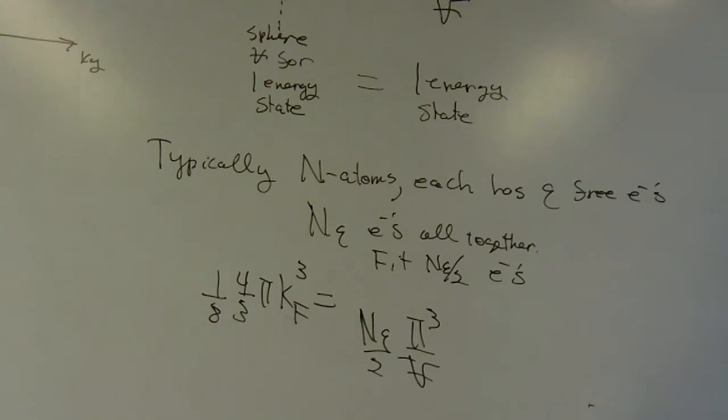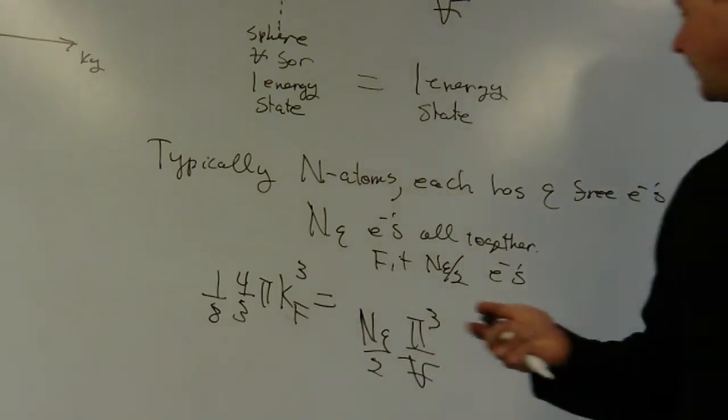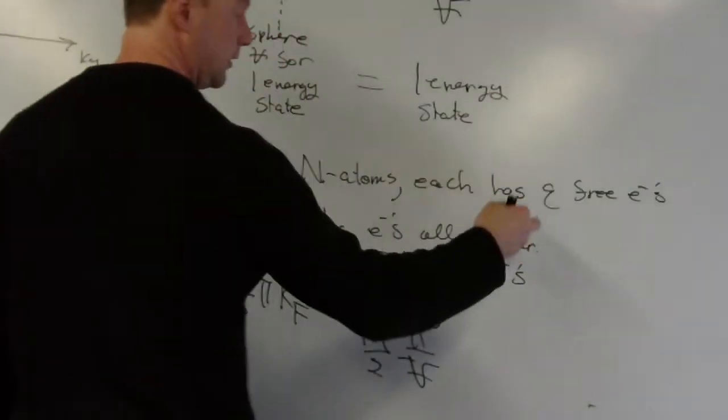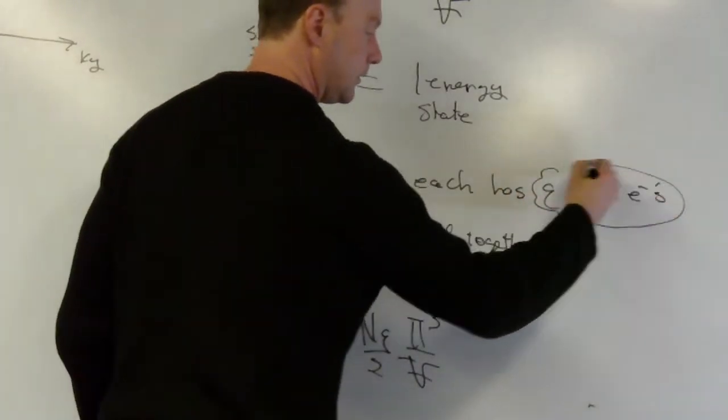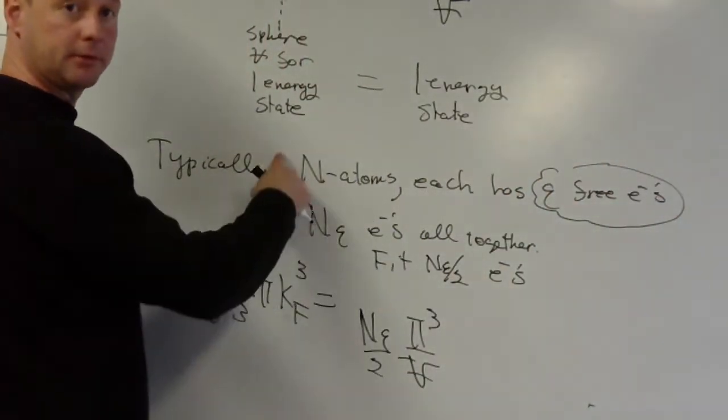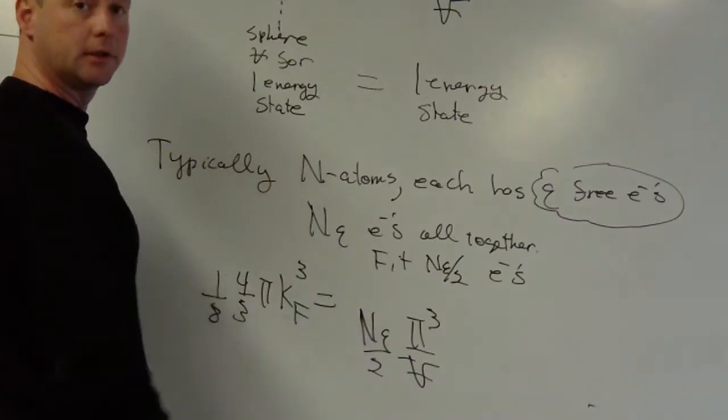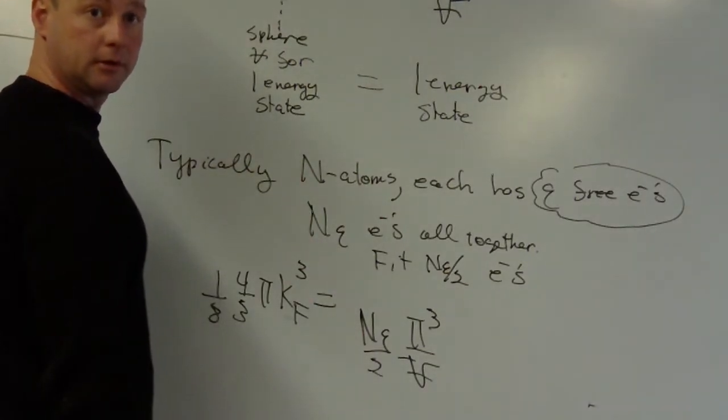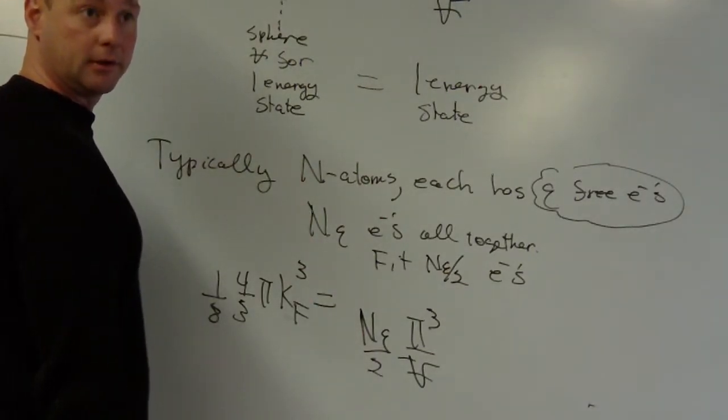Because you're saying n times q, but n is the number of atoms. If you had 20 electrons in each atom. Q is the number of free electrons per atom. Oh, all right. I thought you just meant free electrons. So it's the total.